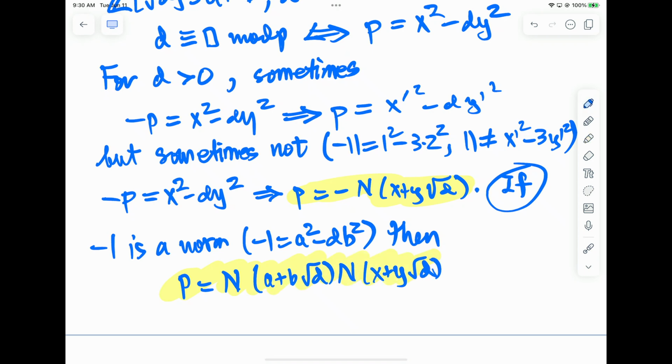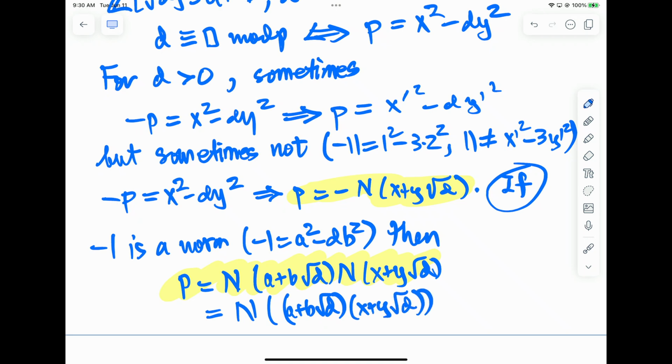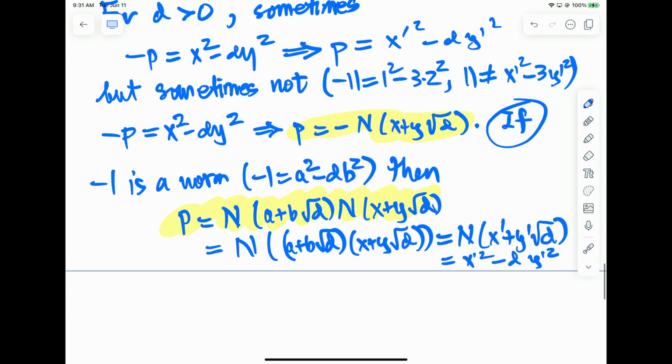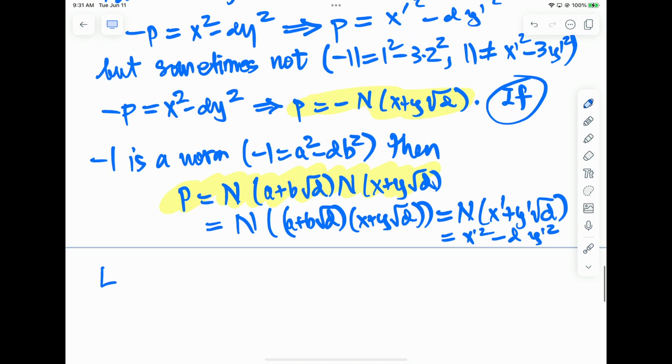But then the norm is multiplicative, so you can absorb the minus sign into the norm. And then you just write this product in its own way. Call that x prime plus y prime root d, and then you're done. You've written p itself.